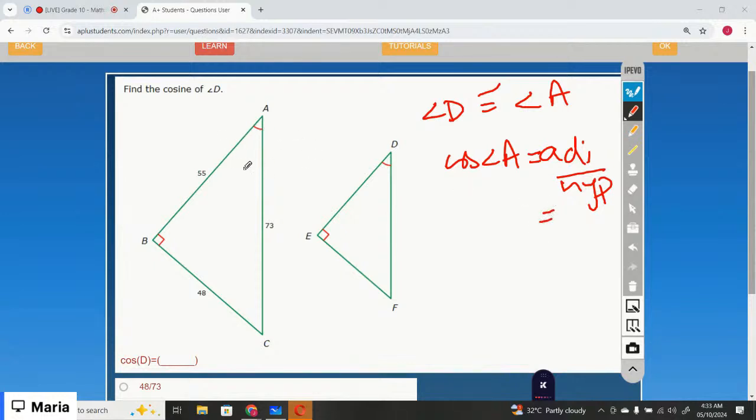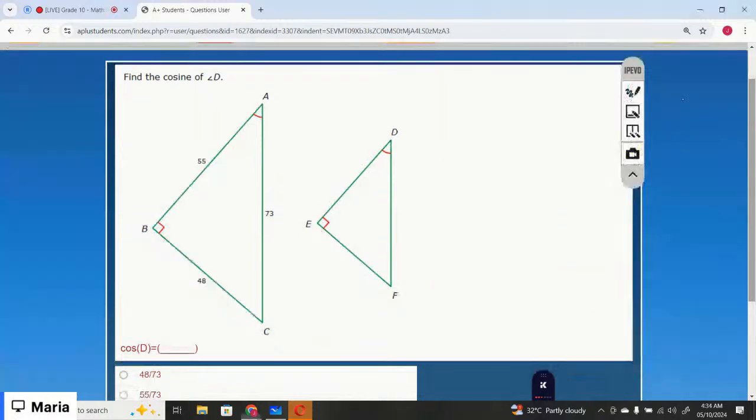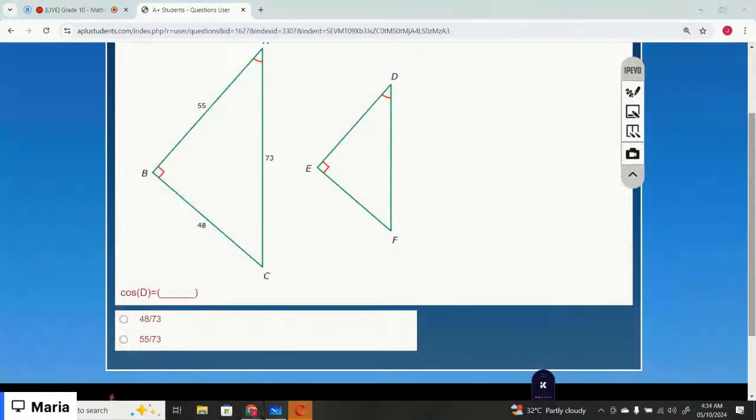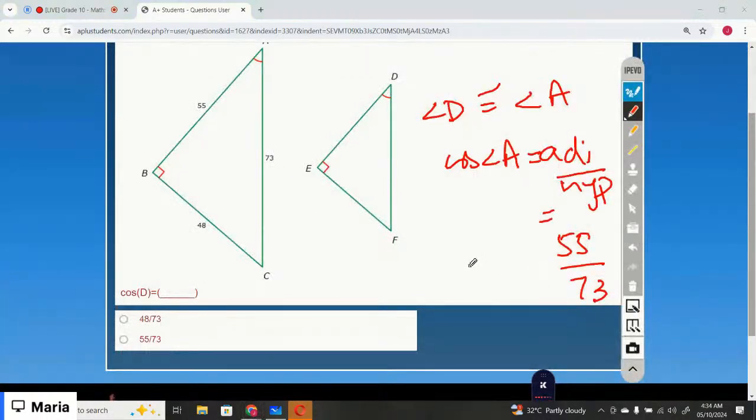Adjacent to angle A is 55 and hypotenuse is 73. So that is 55 over 73. So angle D is 55 over 73.